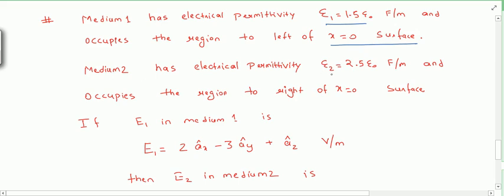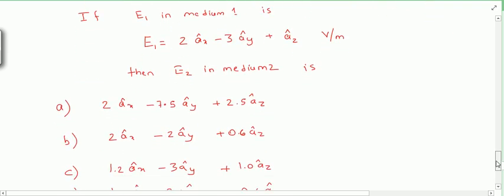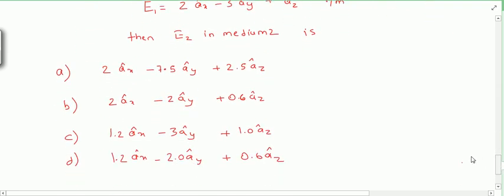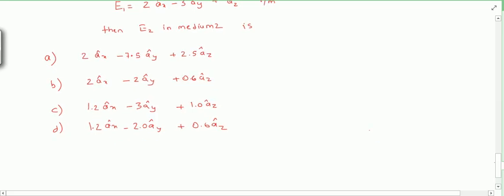Medium 2 has electrical permittivity of 2.5 epsilon naught and occupies a region to right of this surface. And in medium 1 the electric field is given, E1 is equals to 2ax cap minus 3ay cap plus az cap. Then E2 in the medium 2 is, so what is the E2 in medium 2, which from the given options will be correct.